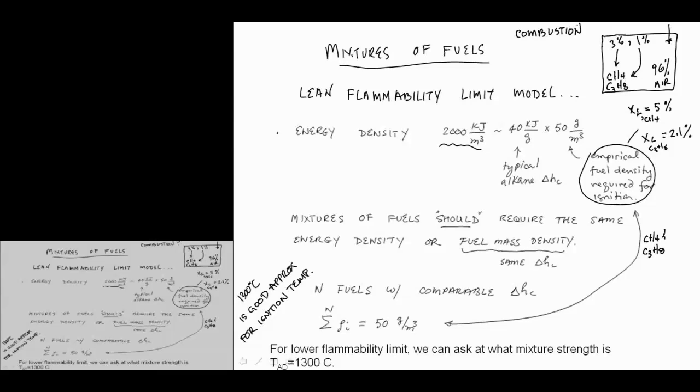So what we want to establish, well, there are a couple of different ways. We could just use the energy balance and see if, from an energy balance perspective, we would result in a 1300 C adiabatic flame temperature for this mixture.